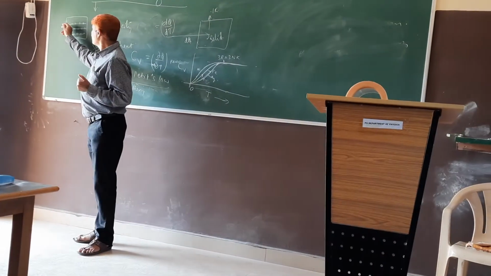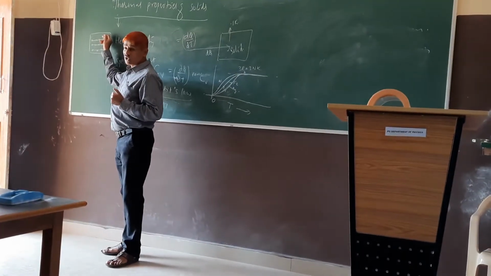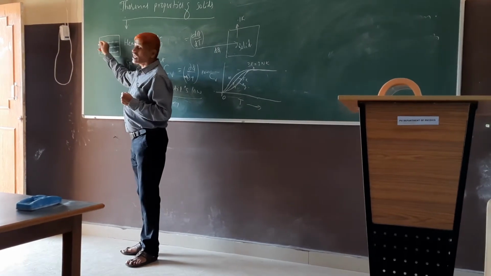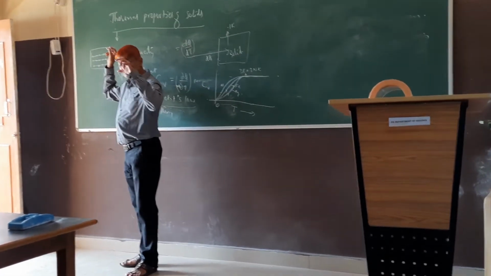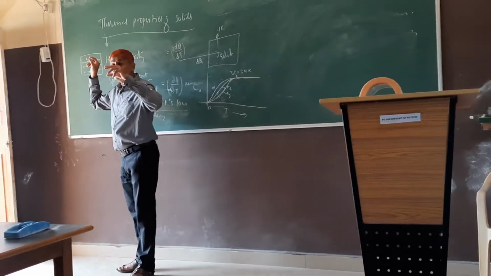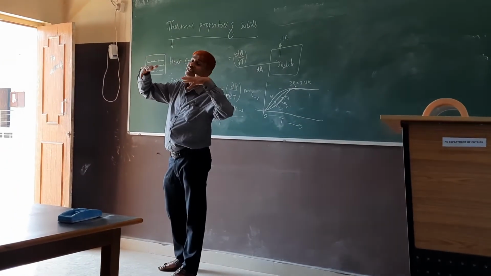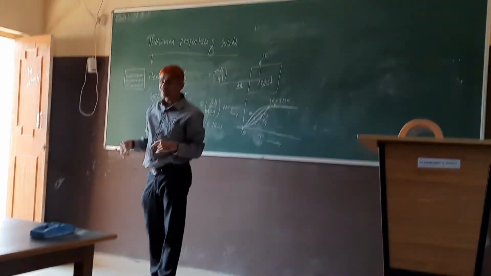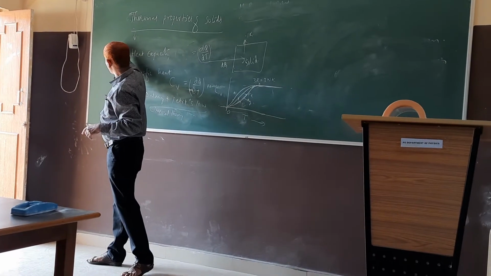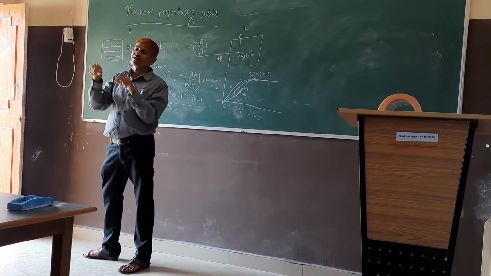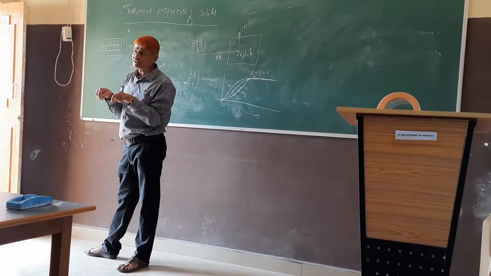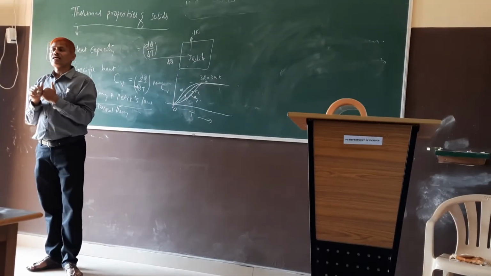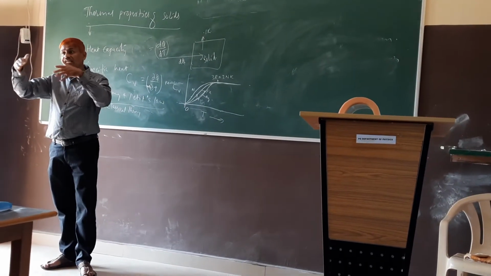Because usually what happens? The atoms in the solids, usually taken metals, they are ions. Why they are ions? All metals readily give out their electrons. The valence electrons will come out very easily and they become free electrons. If they are sitting on last orbit, those are called valence electrons. They come out of the last orbit, then they start freely wandering.